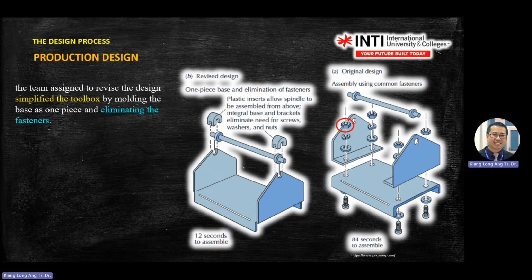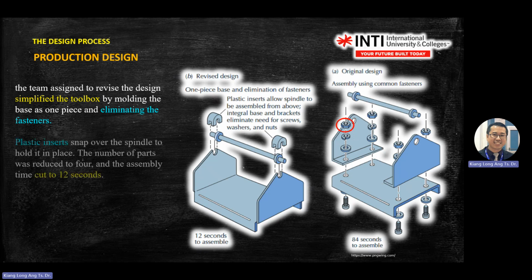So in the revised design, they eliminate the fasteners by using it as one piece, and they do a sheet metal bending process. Then they propose a plastic insert to secure the rod here. The assembly time is reduced from 84 seconds to 12 seconds.